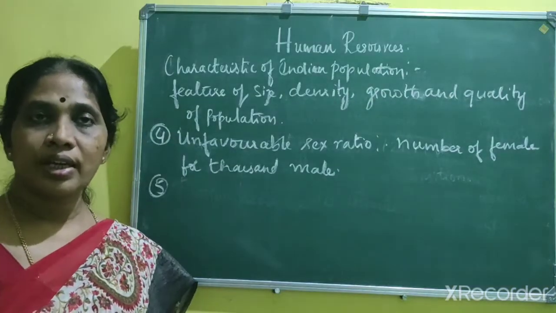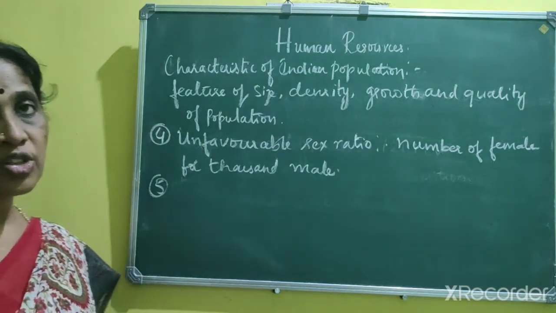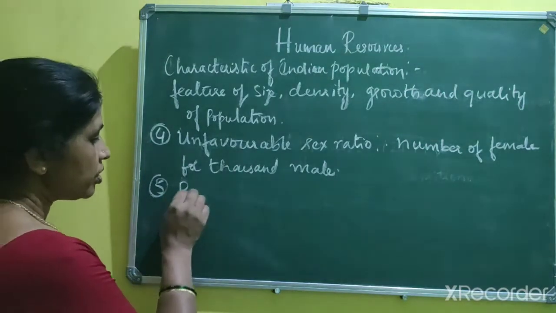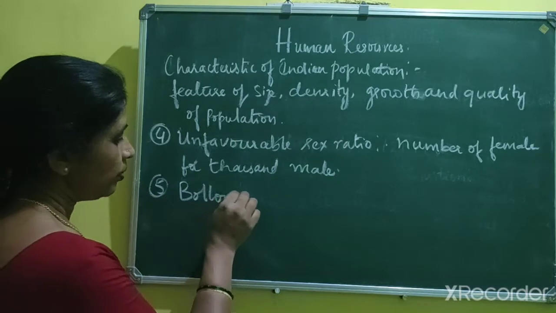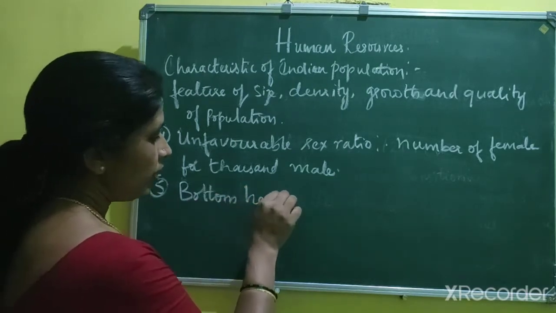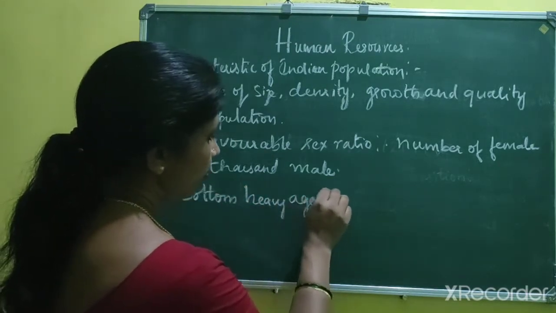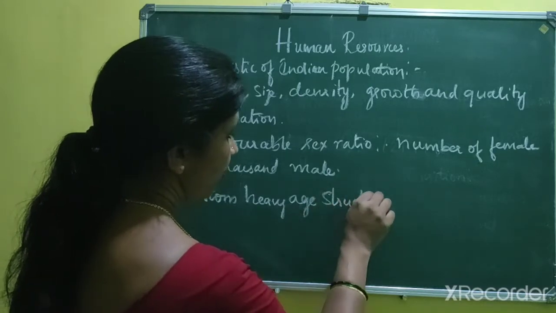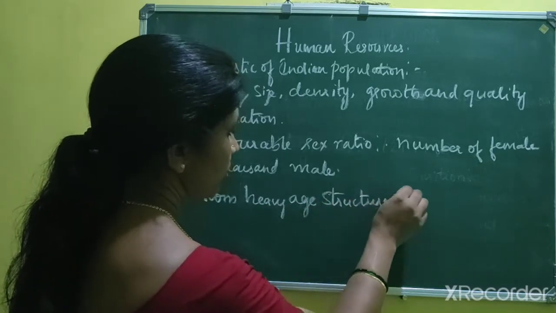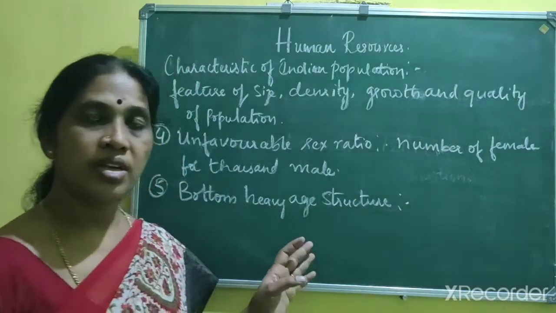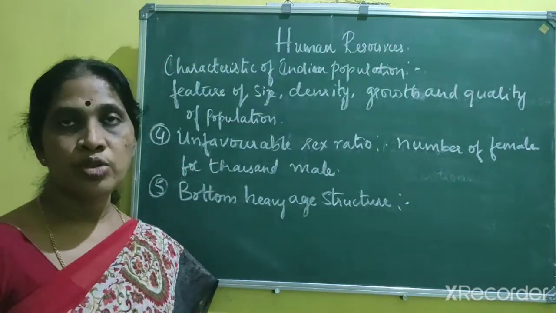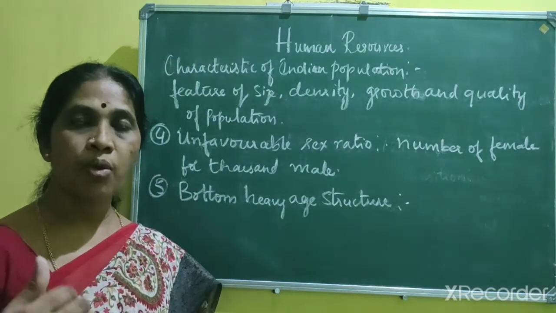The next characteristic of the Indian population is a bottom heavy age structure. So what does it mean? It means that the age composition of the Indian population is bottom heavy.